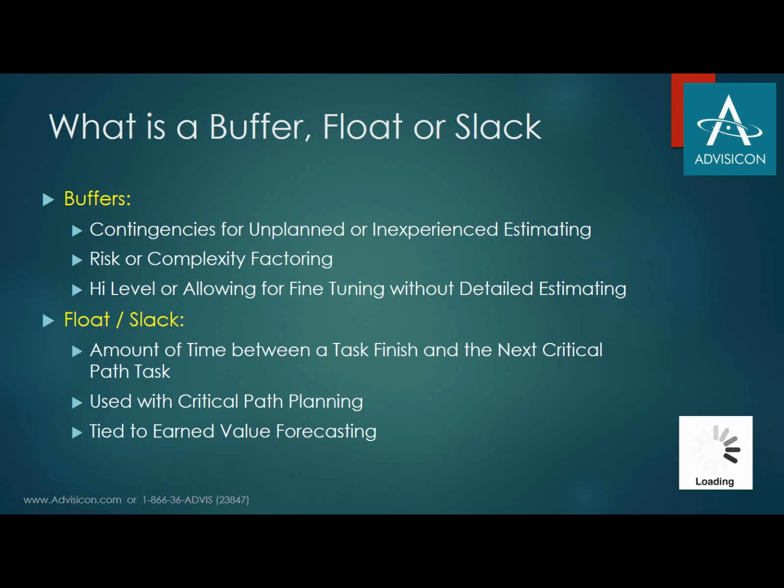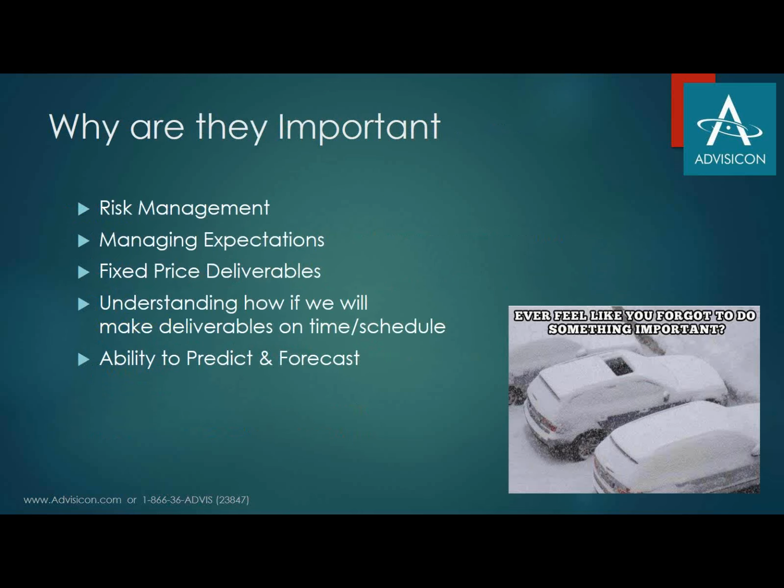I'm going to focus a little bit not just on the earned value or critical path planning around float or slack. I want to talk about how we provide that level of flexibility in securing our estimates. Now, it's important to note that buffers are good. Float and slack is important to plan into your project. It helps you address risks that come up that you can't see.